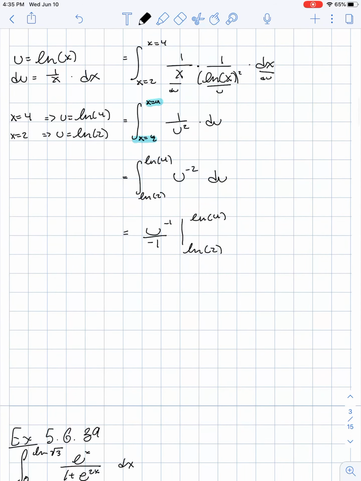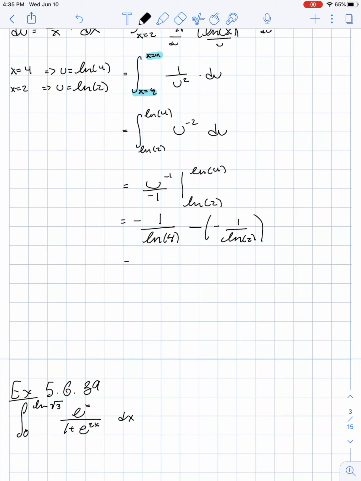All right, so that gives me -1 over ln of 4 minus -1 over ln of 2.